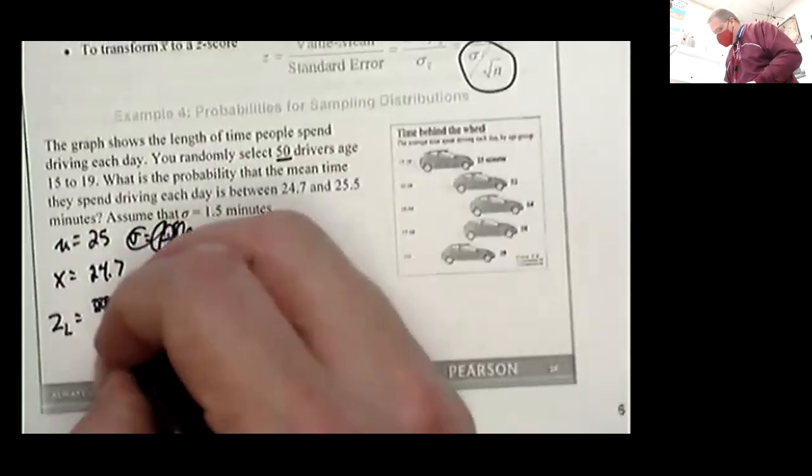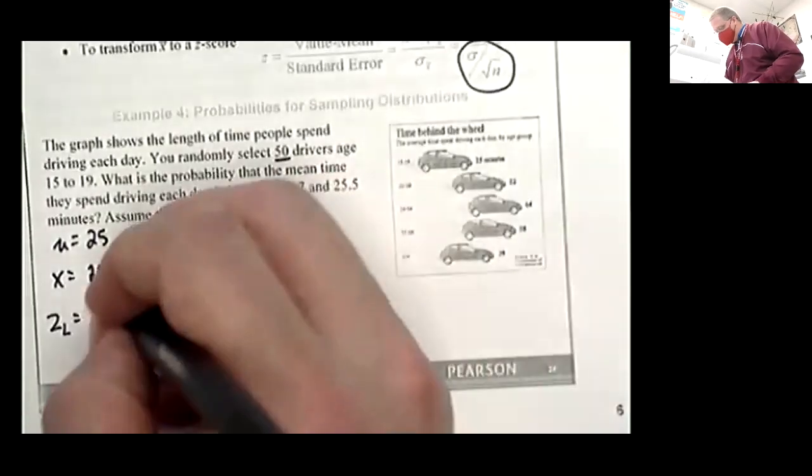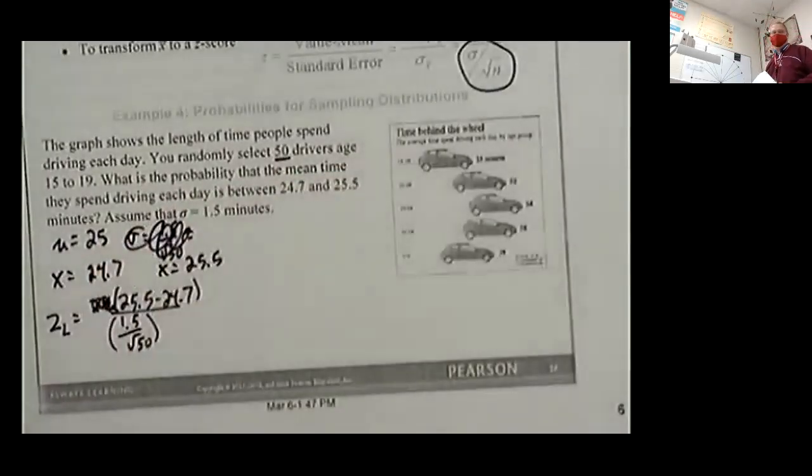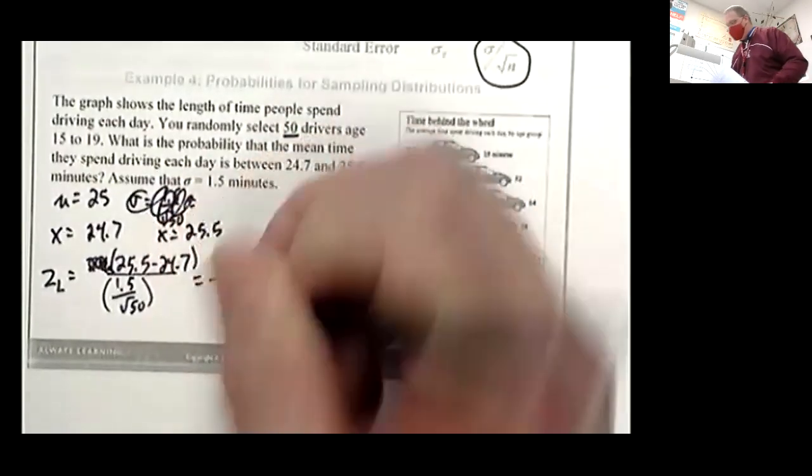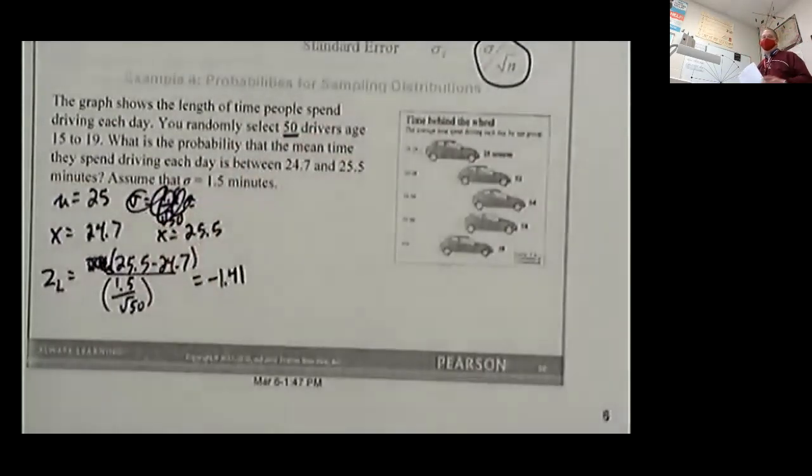And I really recommend you put that bottom in parentheses and even put that top in parentheses too to make sure you don't make a calculator error. And when you type that into your calculator, you're going to get a negative 1.41. Remember, your z-score should be somewhere between -3 and +3. If not, there's a good chance you made a mistake. Go back and put in more parentheses.